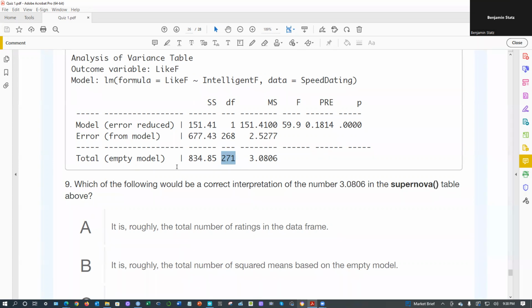Let me check the numbers. This number is not right, this one is not right either, this one is okay, but here we have an issue.